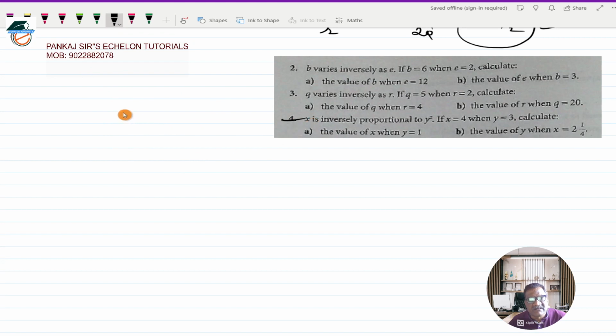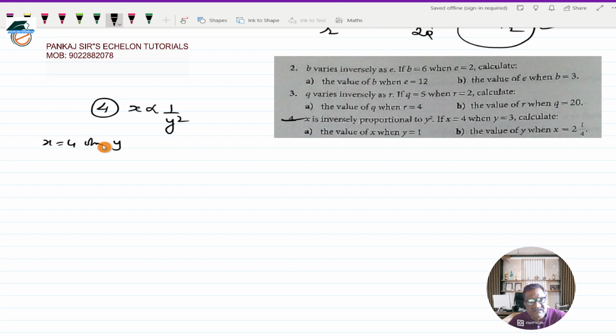Question 4 says that x is inversely proportional to y square. So let me write that first: x is inversely proportional to y square. Then it is given that x is equal to 4 when y is equal to 3.